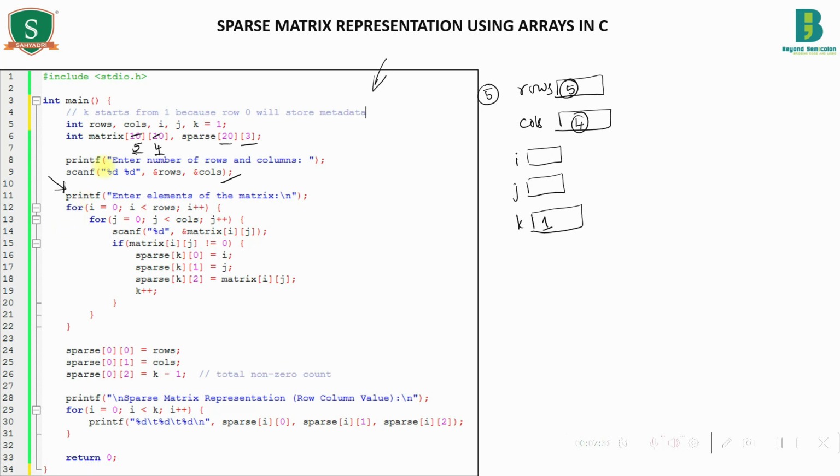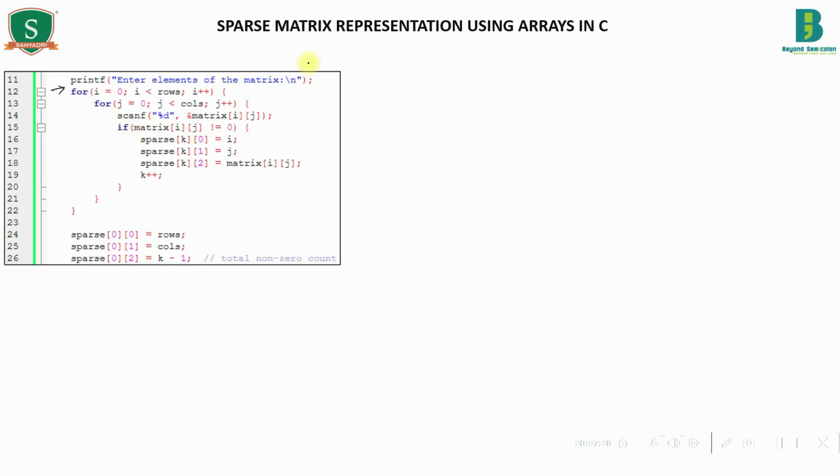I kept the logic on a separate page so that it will be easy for us to trace. Initially, in the 12th statement, for i equal to 0, i less than rows. Let us consider rows is equal to 3 and columns is equal to 4. i is equal to 0, i less than 3. After that, it enters the 13th line.